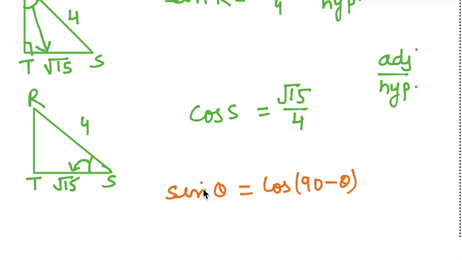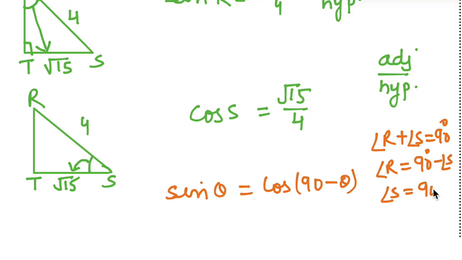This method is totally optional, but I just want to mention it if you need some kind of shortcut or complex identity. Angle R plus angle S is equal to 90 degrees, that is given. So angle R is equal to 90 degrees minus angle S, and angle S is equal to 90 degrees minus angle R. So theta can be any; if one of them is theta, the other is 90 minus theta.